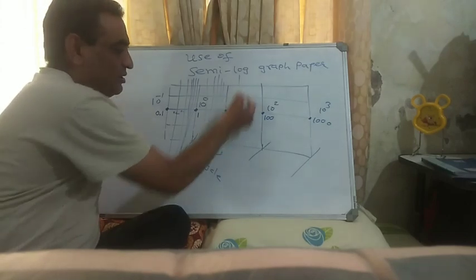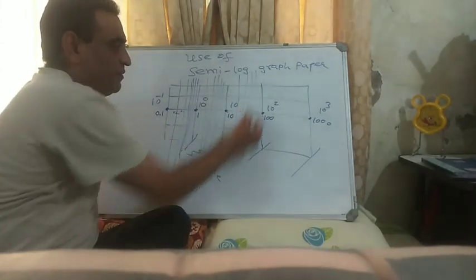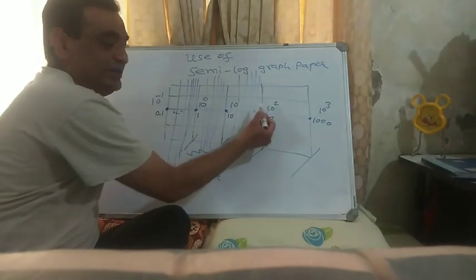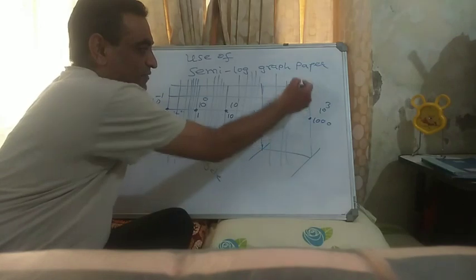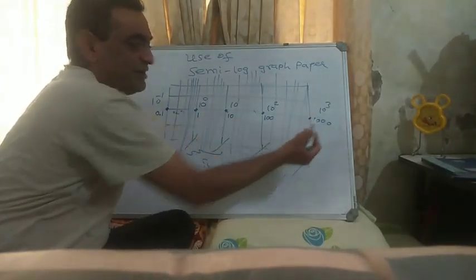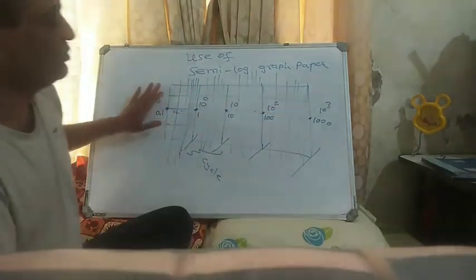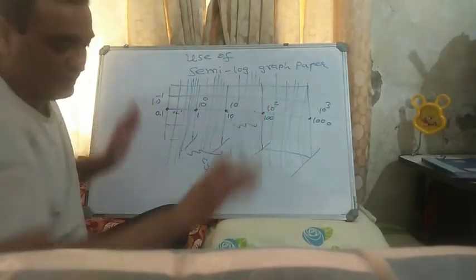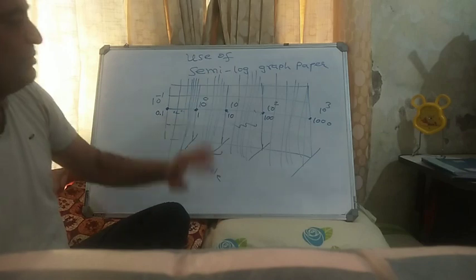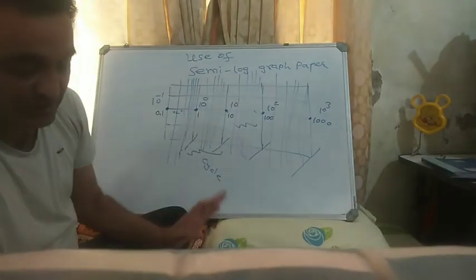And then 10, 20, 30, up to 100, then 200, 300, and so on up to 1000. This is how the scale is, and it is not linearly distributed.